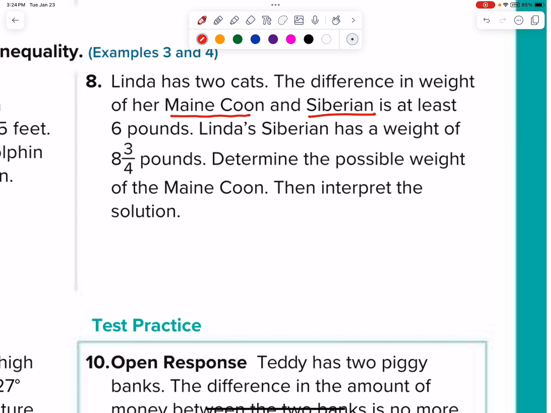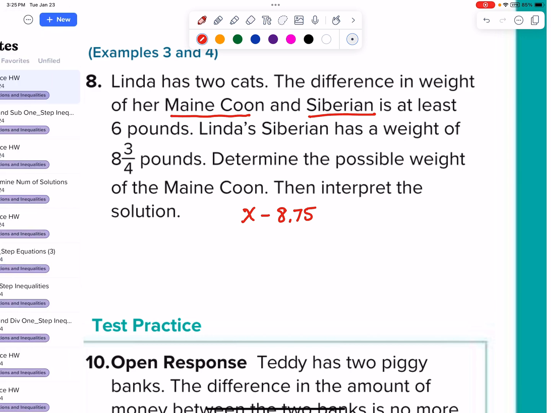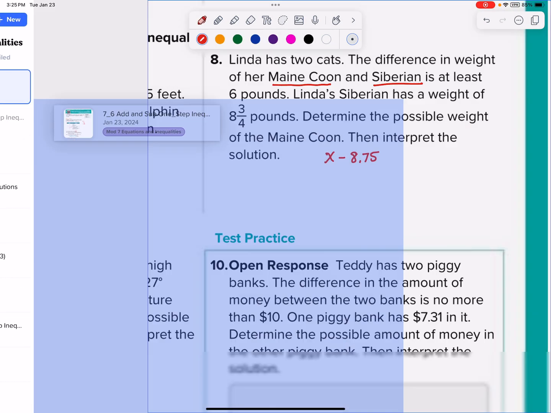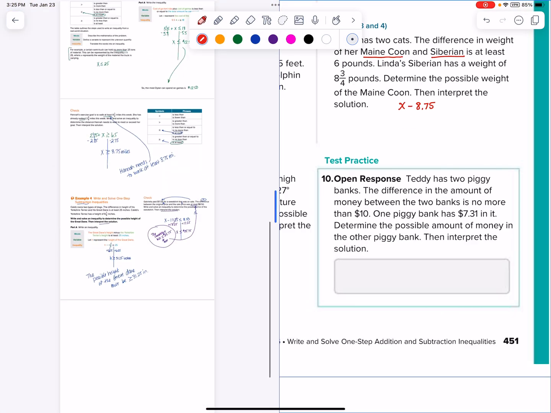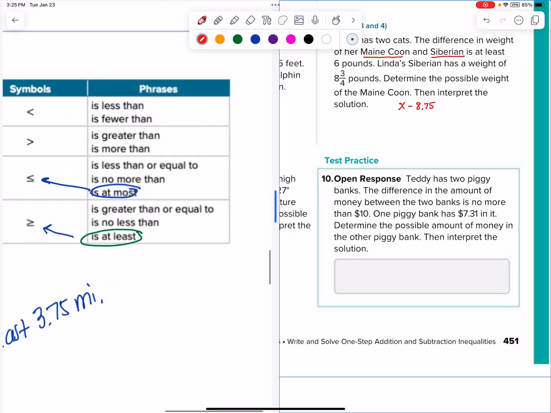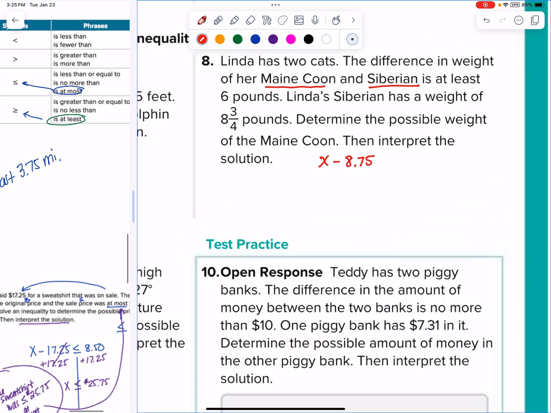Okay, so let's go ahead and set this up. We have the Maine Coon minus the 8.75, we'll get rid of the fraction there, is at least 6 pounds. So what does at least mean? You may need to go back to your notes and go to that table and think of at least. At least means greater than or equal to.